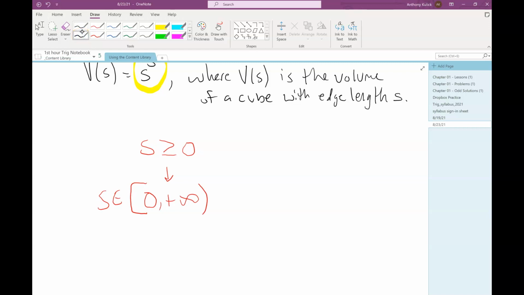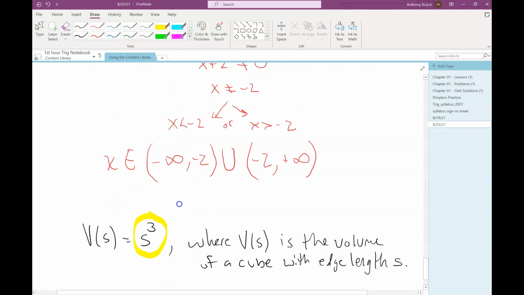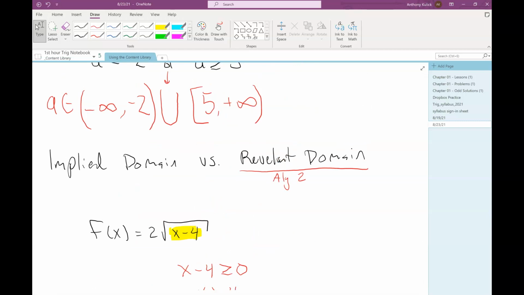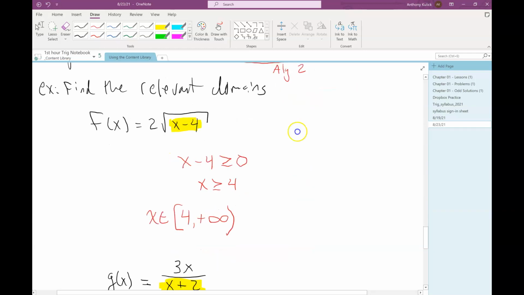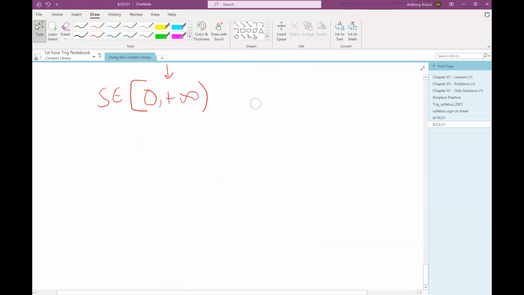So we're interested in finding ranges and domains. Let's label these examples here. Okay. So we found the domains. I guess I could have done a better job with that. And what we're going to do now is find some ranges.